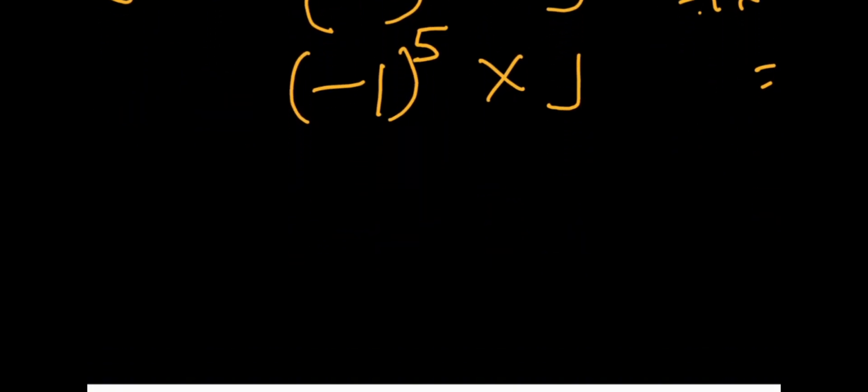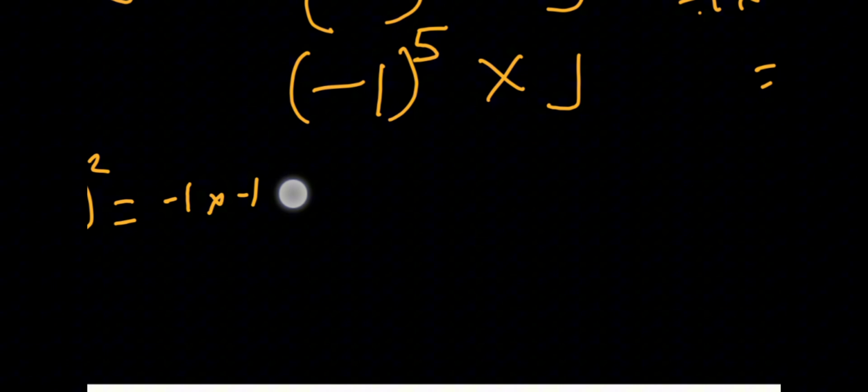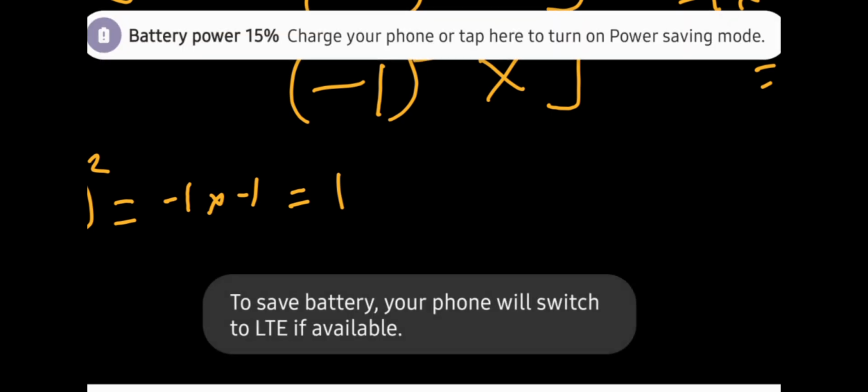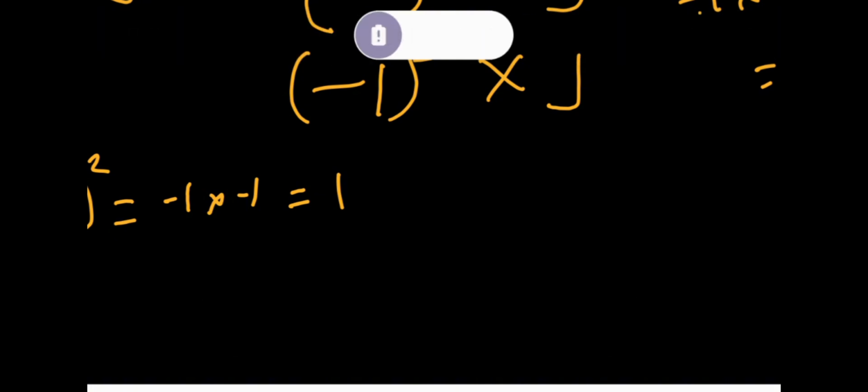If we have an even number like 2, negative 1 squared is negative 1 times negative 1, and it's going to give us 1. So it's safe to say that when you raise a negative number to the power of an even number, it is going to give you a positive number. But when you raise a negative number to the power of an odd number, it is going to give you a negative number. So let's continue from there.